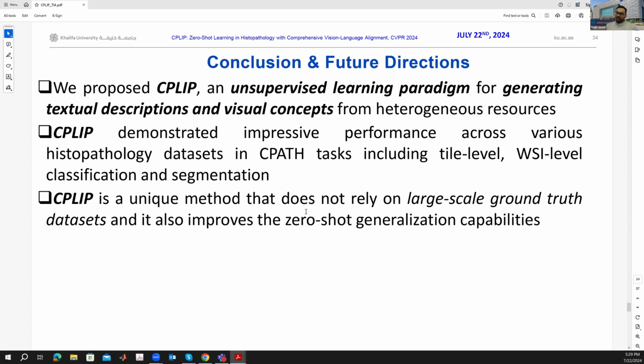And it has made a new kind of benchmark across PLIP and MI-Zero methods. Of course, I would say CPLIP is still a unique method that does not rely on training on large scale ground truth data sets, and it also improved the zero shot generalization capability.